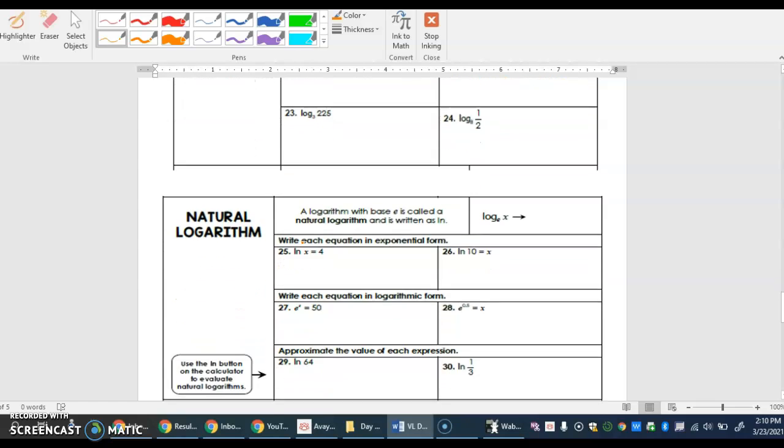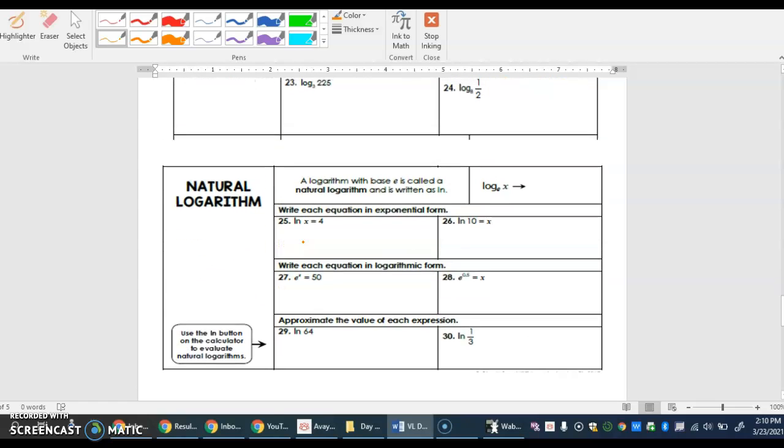I'll move on. Now let's come to natural logarithm. Natural logarithm is based on the number e. It's an exponential constant, and it was actually discovered by this famous mathematician Euler. He was well known in the fields of math and physics.